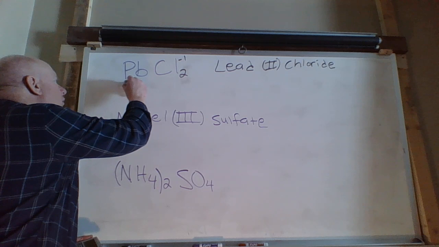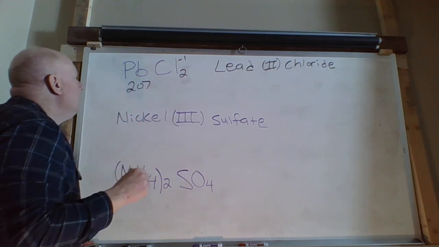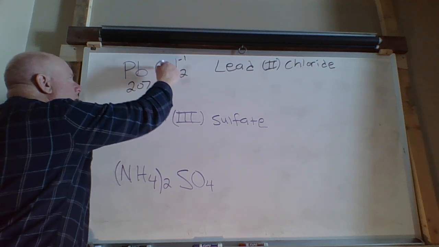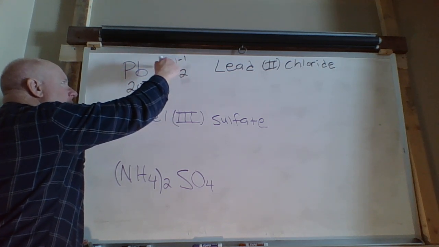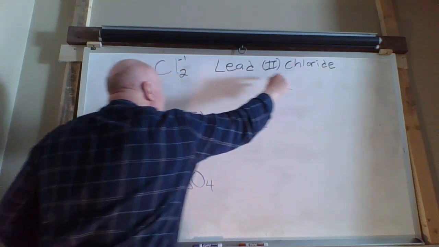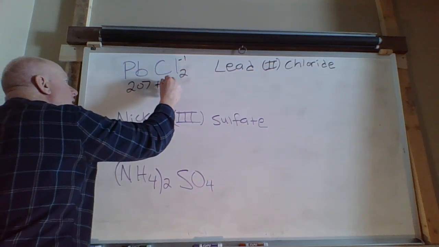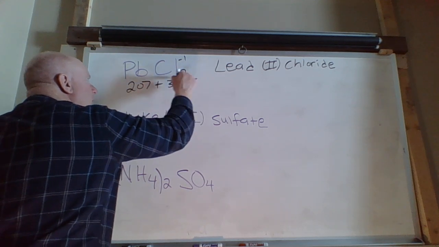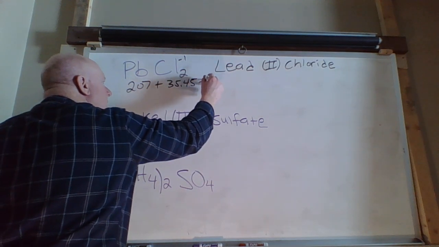So lead, 207, and chloride, or chlorine when it's a neutral element, but here it's chloride, so every chloride is 35.45, and you can just write that twice because we've got 2 of them.